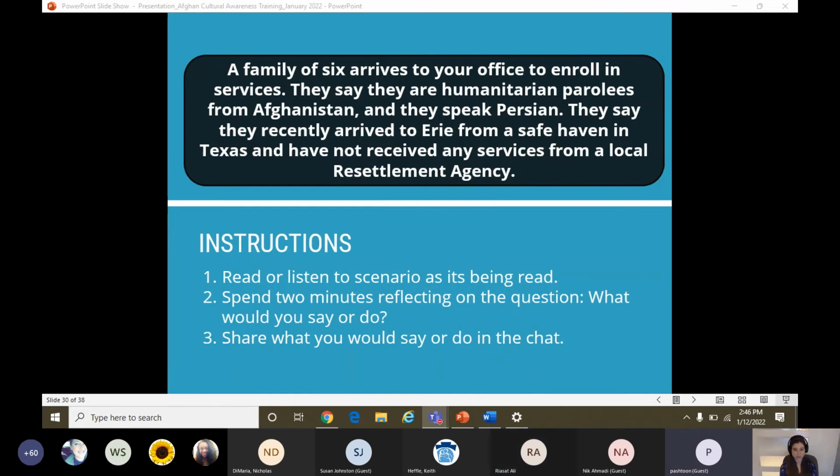Thank you, Risat, for that insight. Yes, I did skillfully add that into the scenario so we could have another conversation about it. Everyone is going to come across this in your work, trying to figure out what language to get on the interpretation line. And it's really important that if someone says I speak Persian, you attempt to clarify and ask, do you speak Dari?